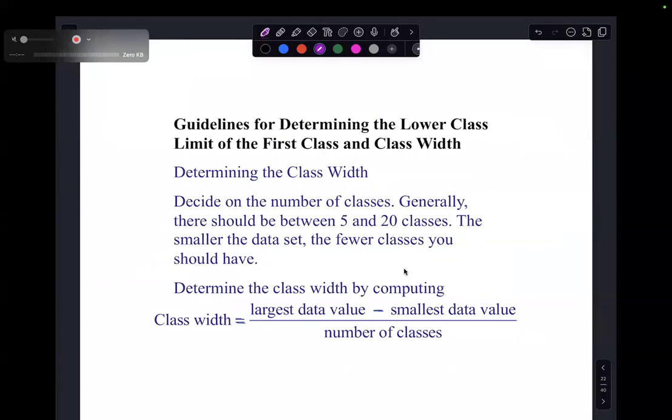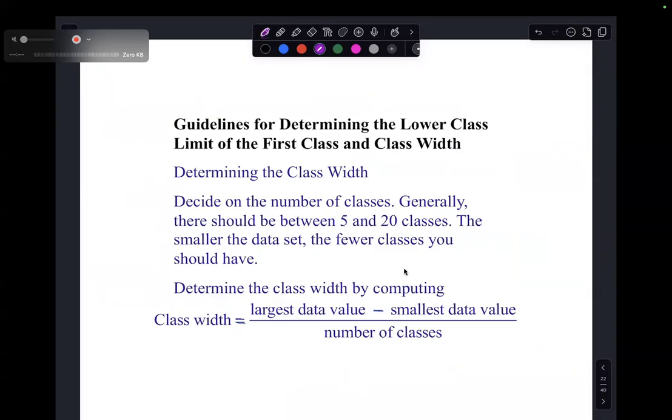Okay. So I'm going to tell you before I teach you this piece, I don't do this. I don't like this. This is the way the textbook does it. And I'll tell you what I do after I tell you what the textbook does. So when you are figuring out your class width and figuring out how to set up your bins, what the textbook says to do is to choose the number of classes you want.